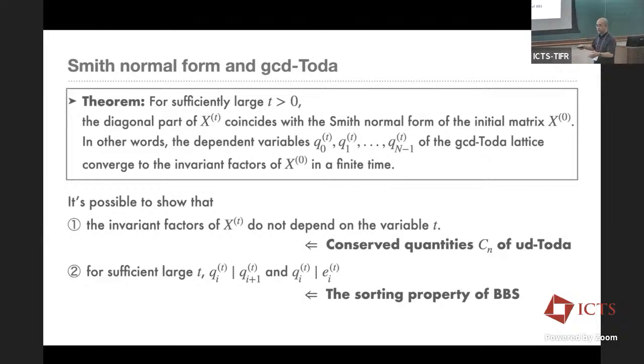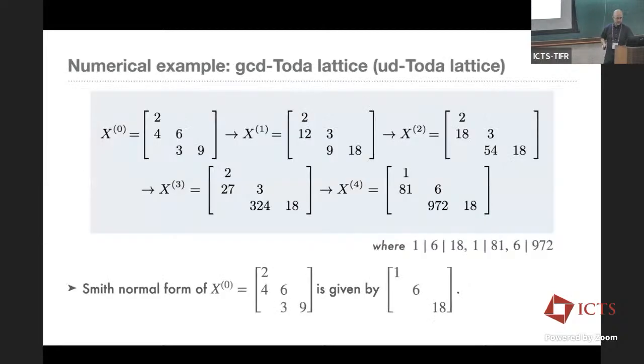The proof is not so difficult; we use conserved quantities of the ultra-discrete Toda or box and ball system, and the division property is also easy to explain if we know the properties of the box and ball system. This is the final slide in my talk: the computation is really possible. Our box and ball system can compute the Smith normal form of the corresponding integer matrix. Thank you very much.